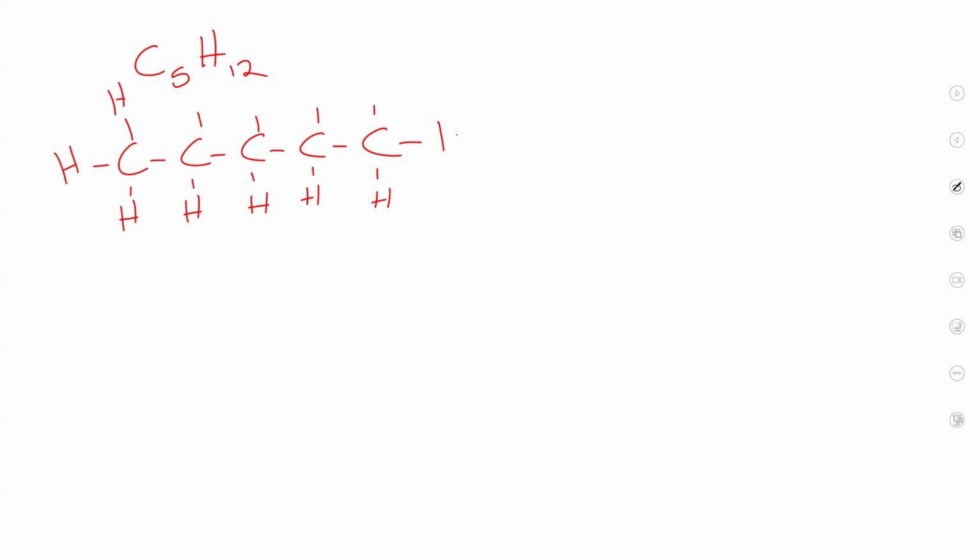Easiest is to keep your carbon backbone straight. So start with that and then see what it looks like. So we can have 5 carbons in a row. Could we have 4 carbons in a row with a branch?